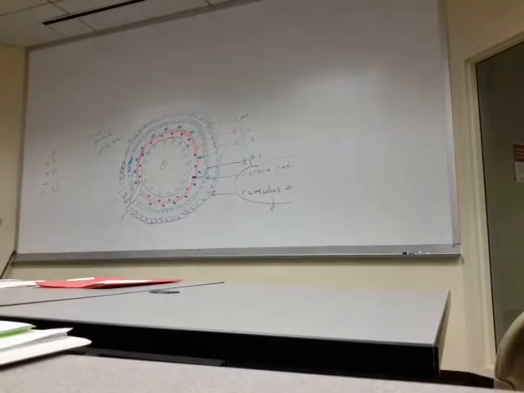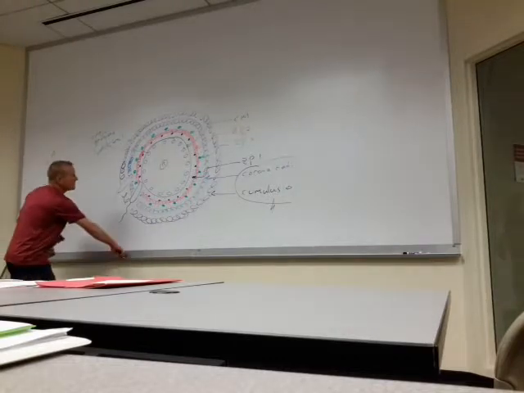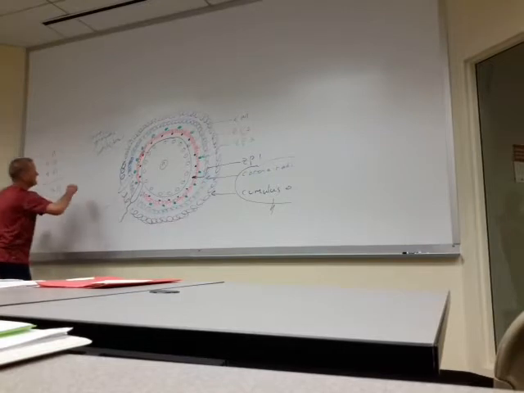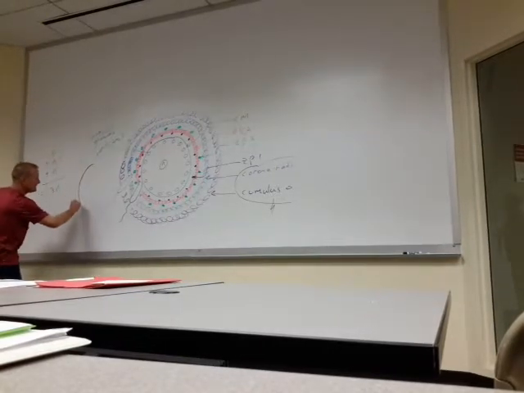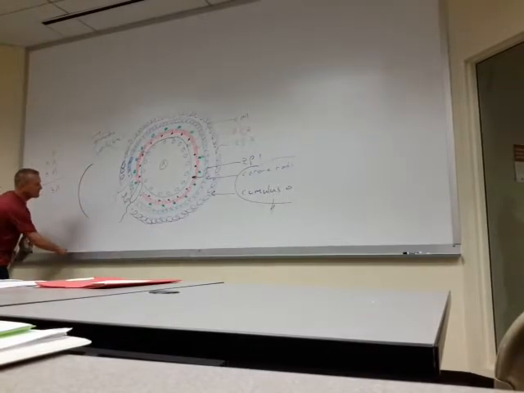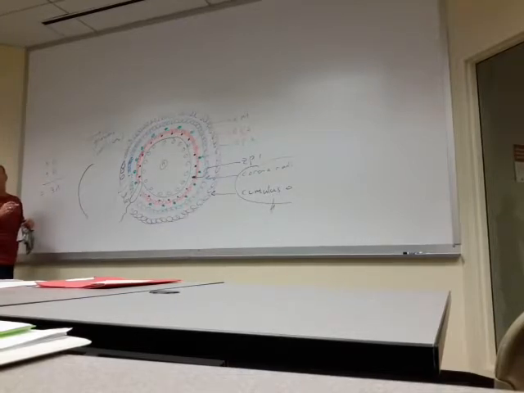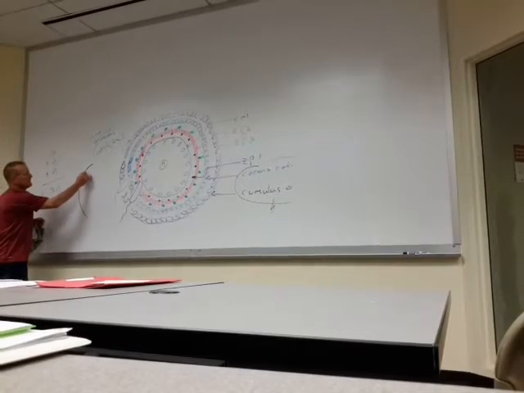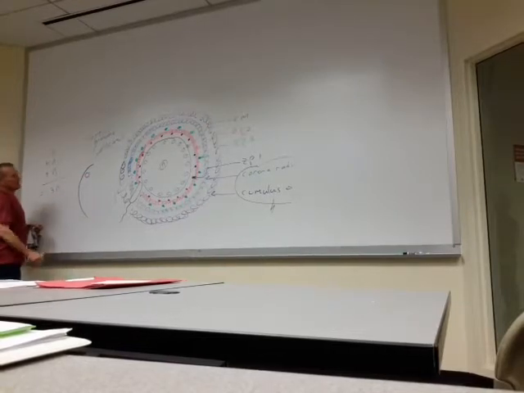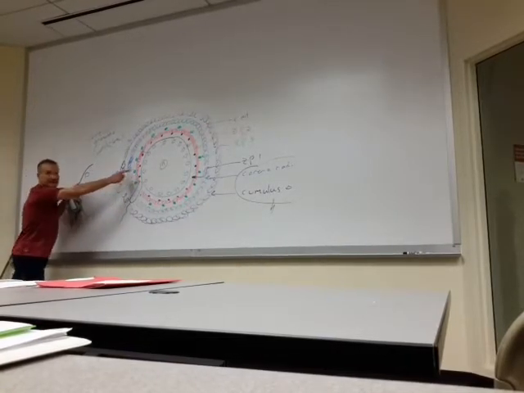They're called cortical granules. What are those vesicles going to do? Unlock the formation of polyspermy. Release the protein. So, if we take an area like this, there's one of the vesicles.